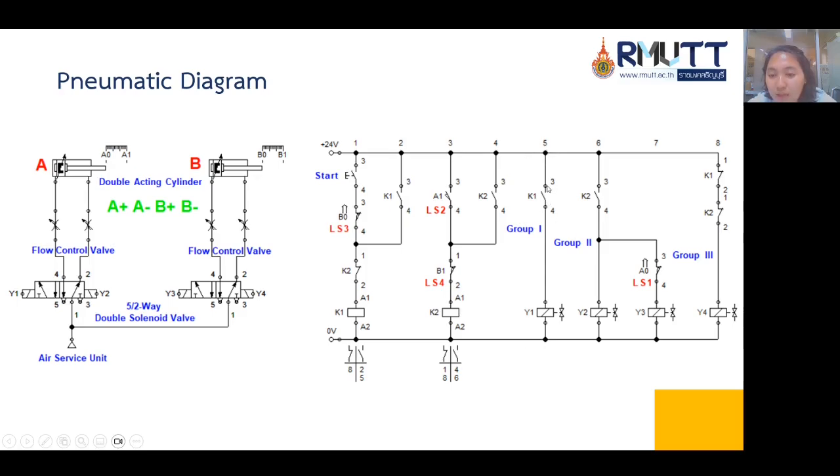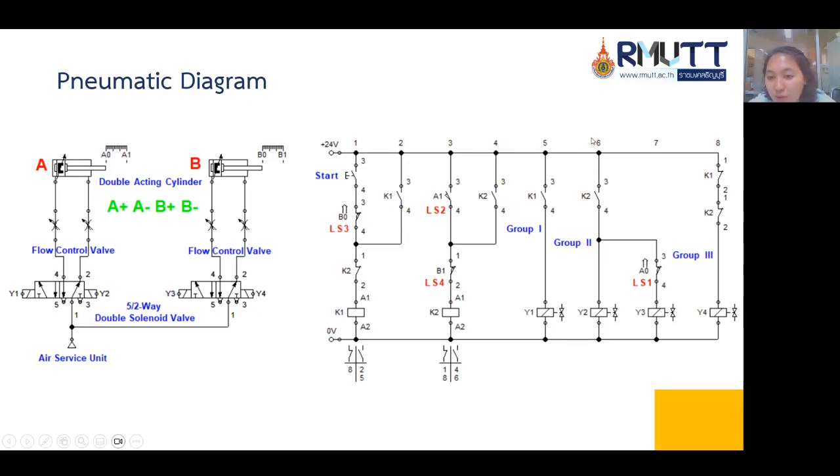This is the normally open K1, and then this is the solenoid Y1, like in this part.